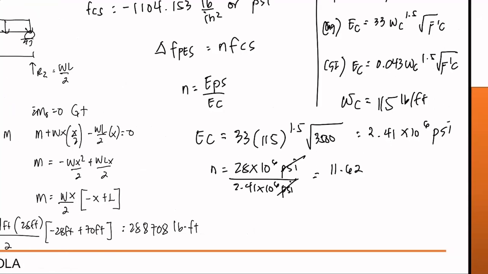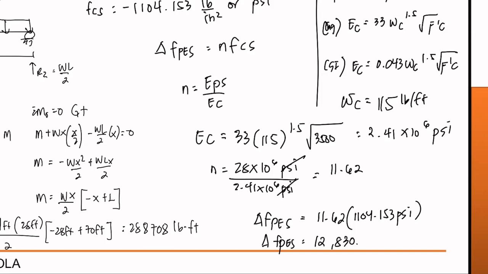Okay? So yung ating loss due to elastic shortening will be equals to 11.62 times yung ating 1104.153 PSI. So ating loss due to elastic shortening is equals to 12,830.258 PSI. So this will be our answer for elastic shortening pa lang.